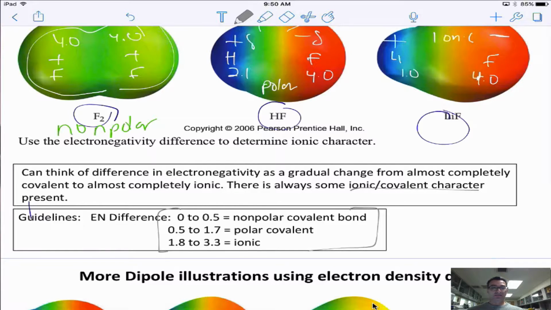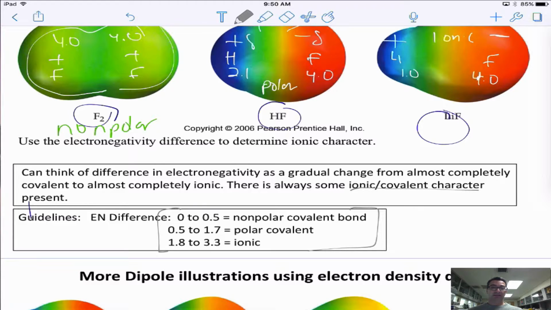Generally, if you're between 0 and 0.5 difference in electronegativity, you'll be nonpolar. If you are between 0.5 and 1.7, then you will be polar. And if you are between 1.8 and 3.3, the difference is really great. You'll be ionic. Now, I say take these numbers with a grain of salt.